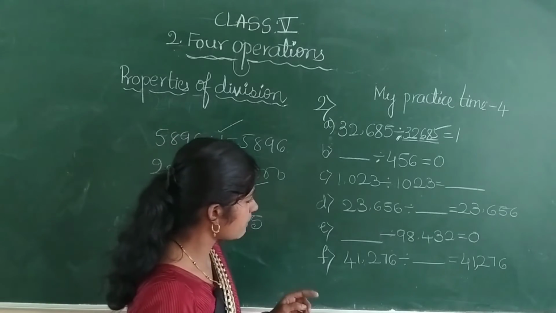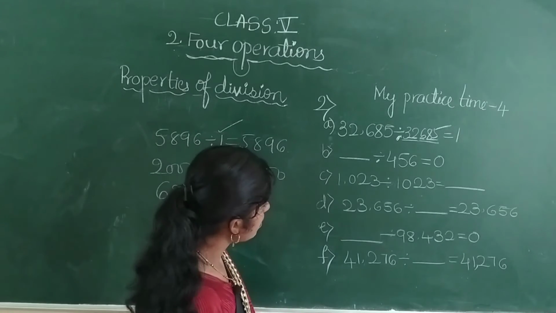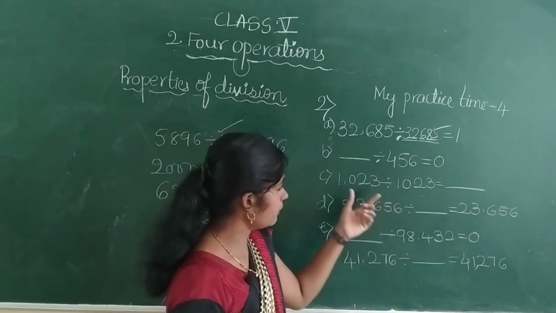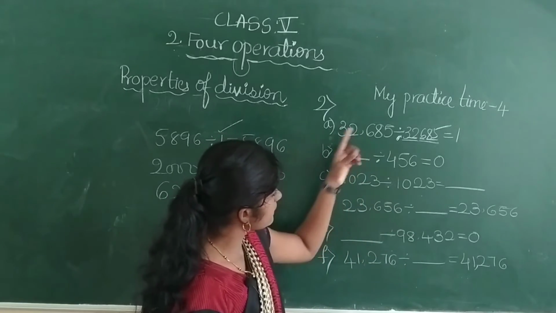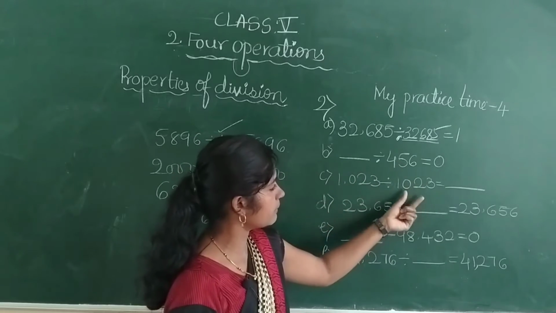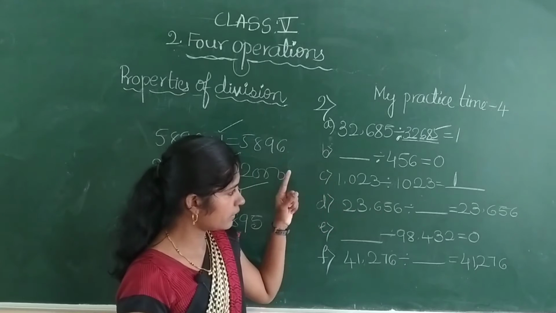Here some of the examples I will solve from your My Practice Time 4. Here 1023 divided by 1023: if a number is divided with the same number, then the result is 1. Yes, this is property number 1.